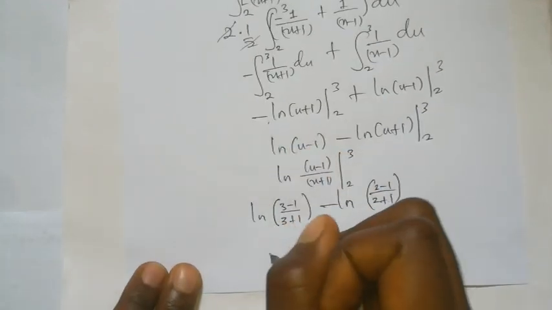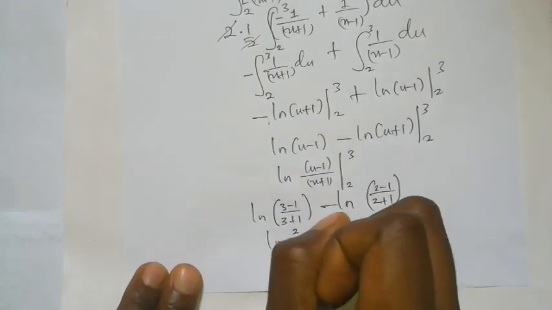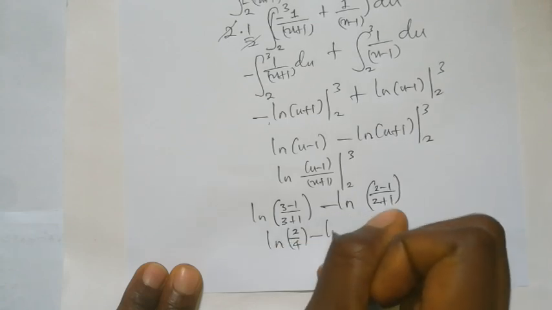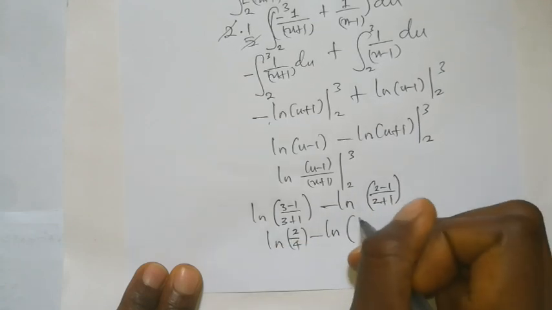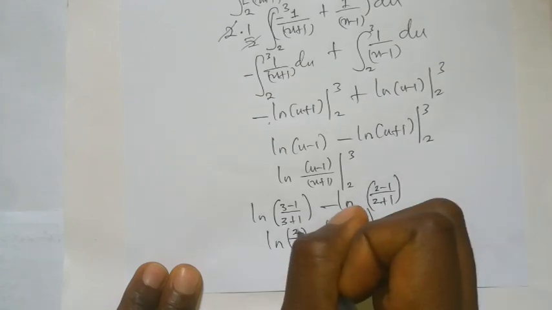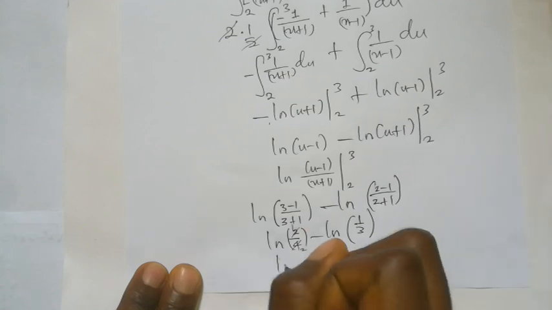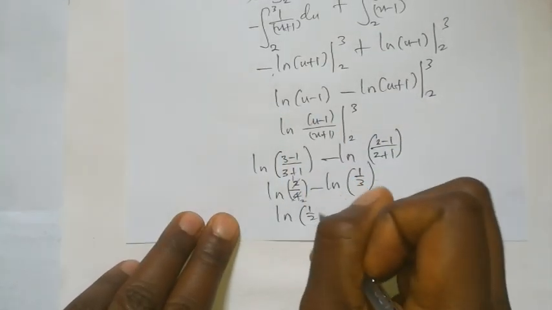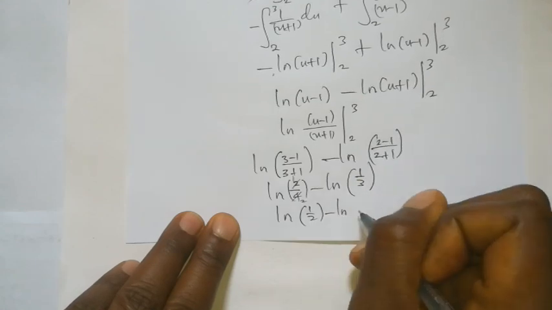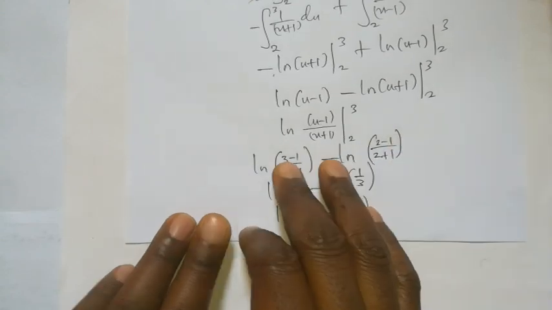So this gives us ln of 2 over 4 minus ln of 1 over 3, which is ln of 1 over 2 minus ln of 1 over 3.